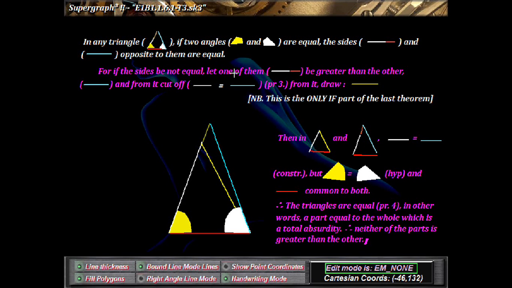Now, for the sake of argument, one of the sides has been written as the sum of two parts, and we're going to assume that the sides are not equal. If they're not equal, that means that one side would be greater in length than the other.